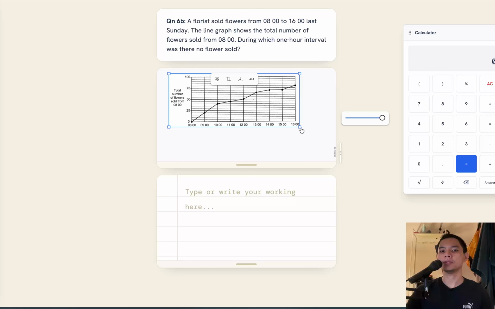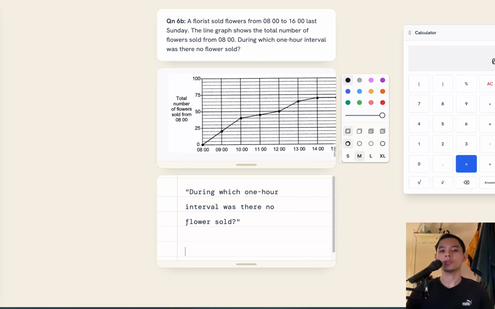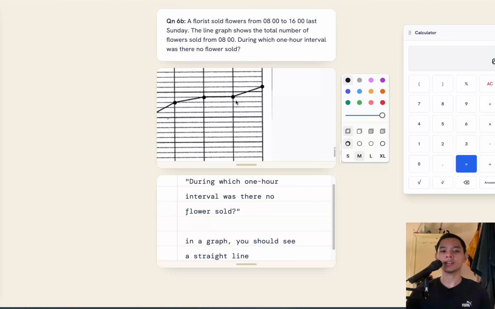Question 6 part B. During which 1 hour interval was there no flower sold? When you see this kind of question, in a graph you should see a straight flat line. I think you can probably see it.